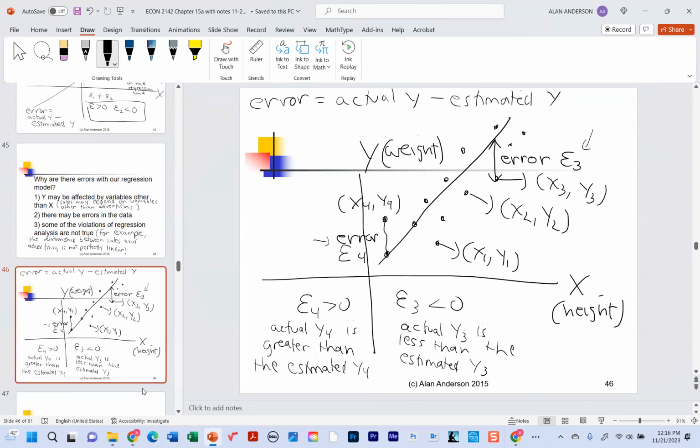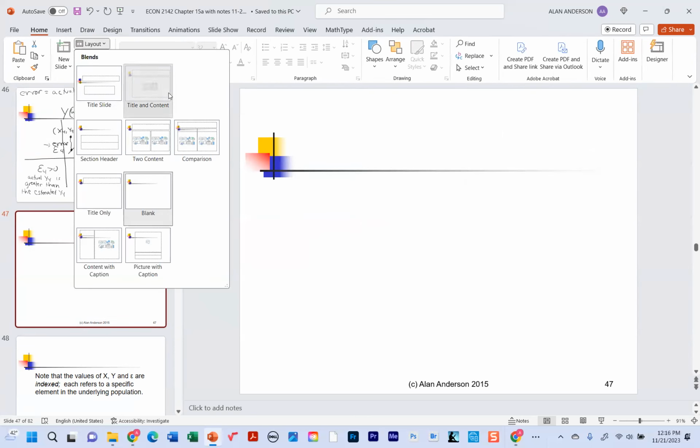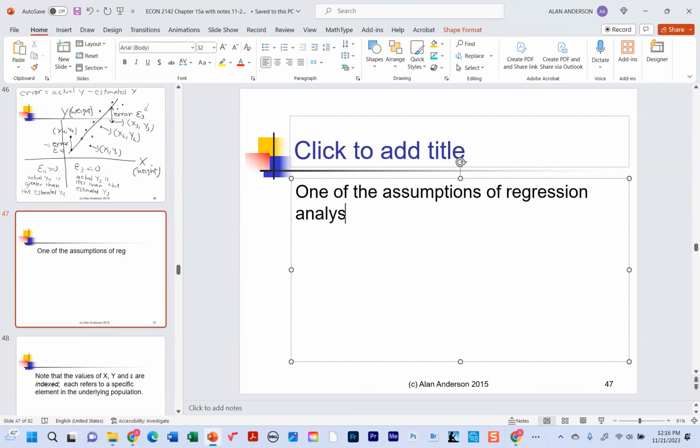Let me just show you a couple of new graphs that would illustrate something like this. I'll just mention this now. One of the assumptions of regression analysis is that the error terms should add up to 0.